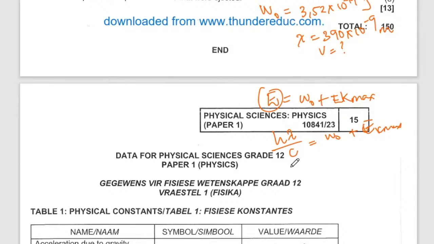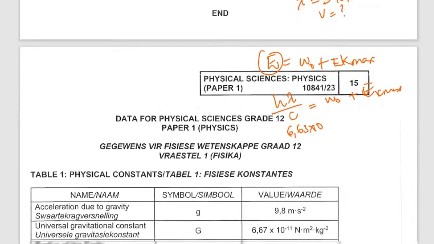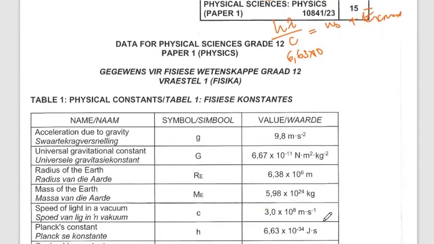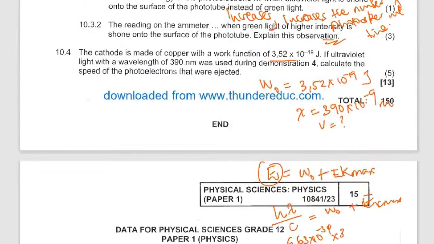So the value of h is always 6.63 times 10 to the negative 34 in this table, times the wavelength, which is 390 nanometers. Why am I saying wavelength? I think I've messed up this formula.